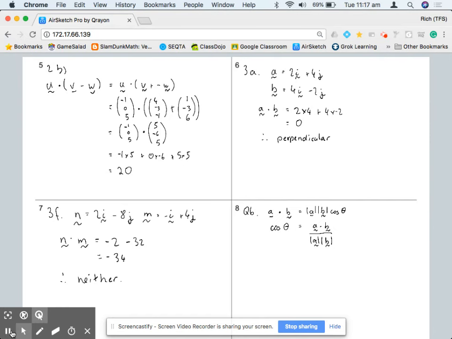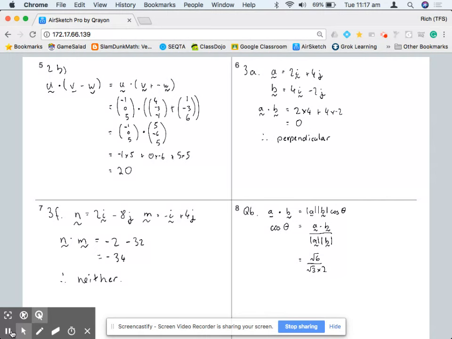Now you are told that the dot product of a and b vectors is root 6. So I can just substitute that straight in. You're told that the magnitude of a vector is root 3, and that the magnitude of b vector is 2.